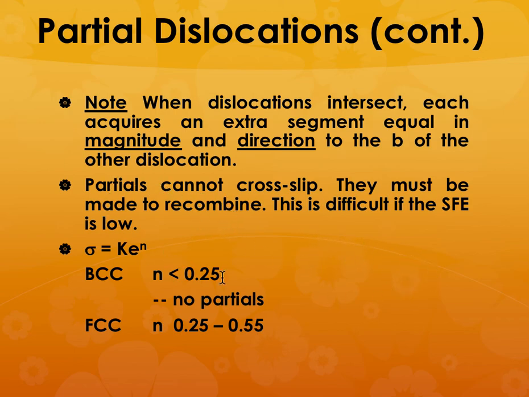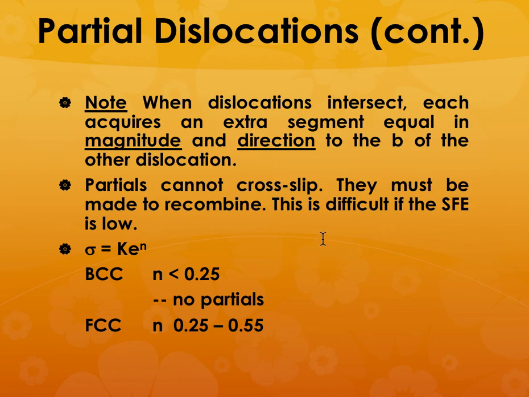If you have partial dislocations, they cannot cross slip and they must be made to recombine. That is difficult if the stacking fault energy is low. The stacking fault energy is dependent on the type of crystal structure.